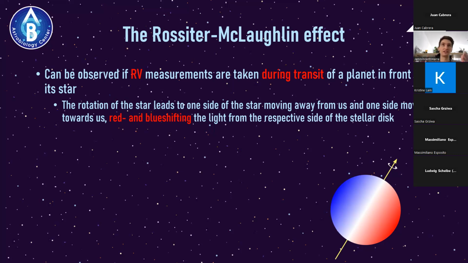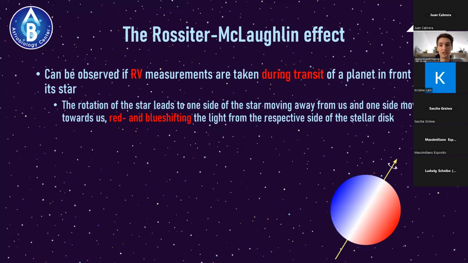So the light coming from one side of the star is redshifted, and the light coming from the other side is blue shifted, which is indicated here.